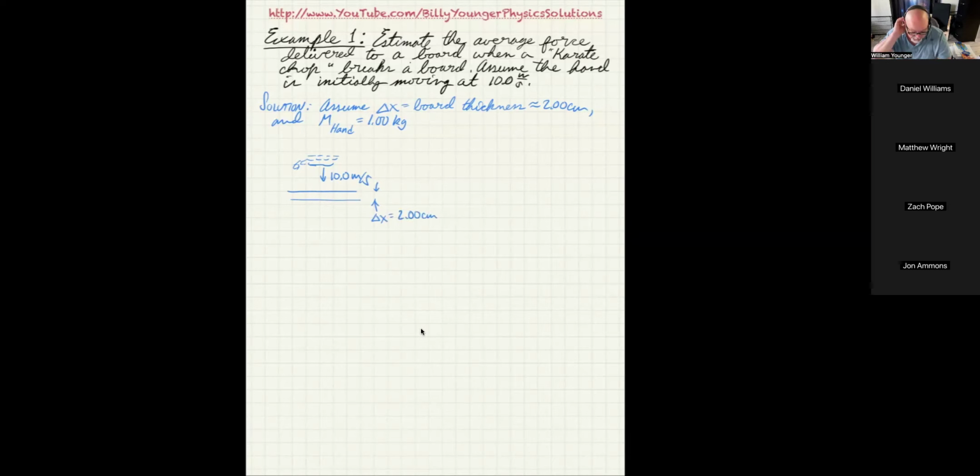And I'm going to imagine, in fact, that this means the hand will go from 10 meters per second to 0 meters per second. So v hand is equal to 0. V hand initial is equal to 10.0 meters per second. And we can use something like that.